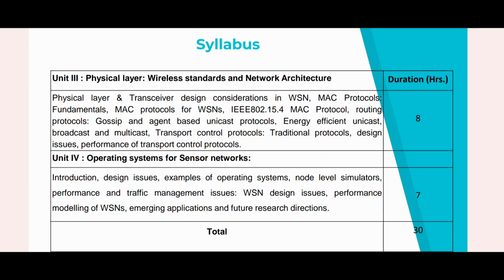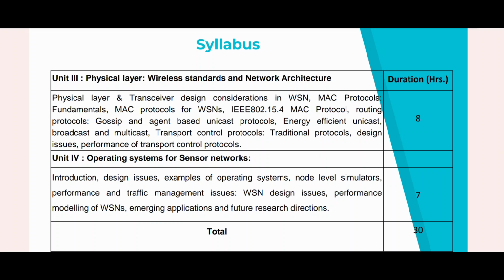It consists of introduction, design issues, examples of operating systems, node level simulators, performance and traffic management issues, WSN design issues, performance modeling of WSN, and emerging applications and future research directions. In this unit, we will be focusing on the operating systems needed, the simulators available, and some of the design aspects of WSN networks.